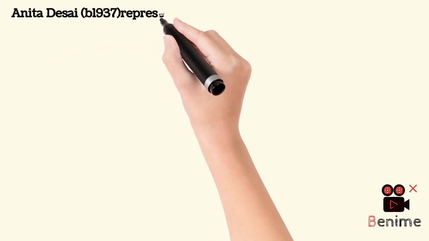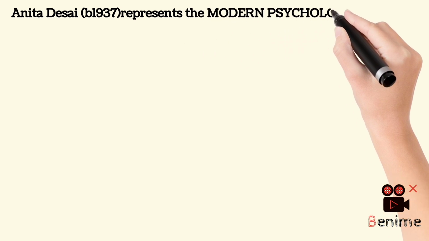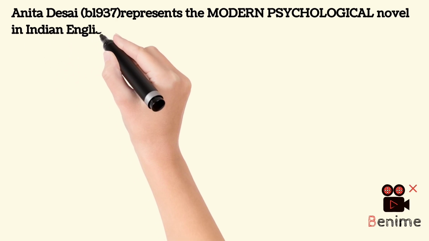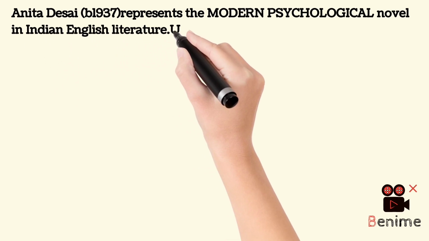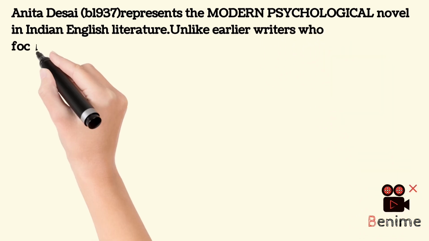And the fifth one we are learning about is Anita Desai. Anita Desai is also very famous in modern Indian English literature, and she is famous for the psychological novel.